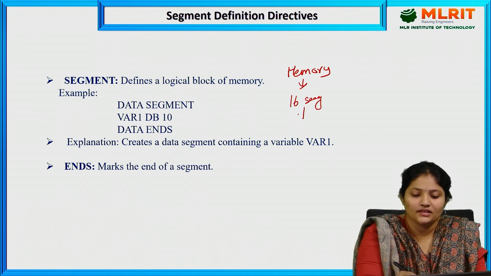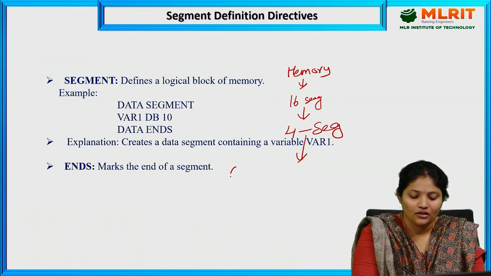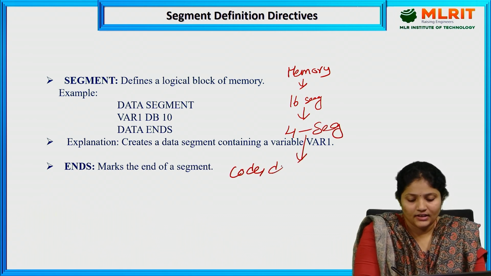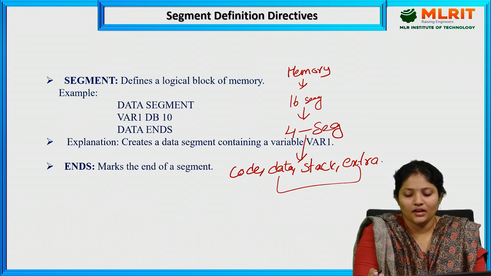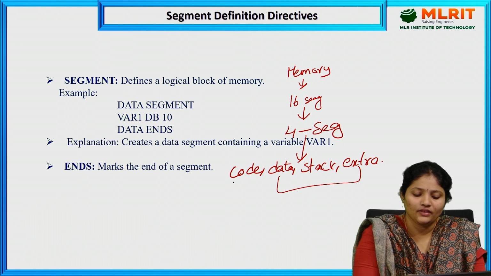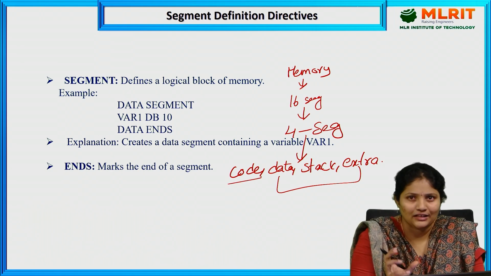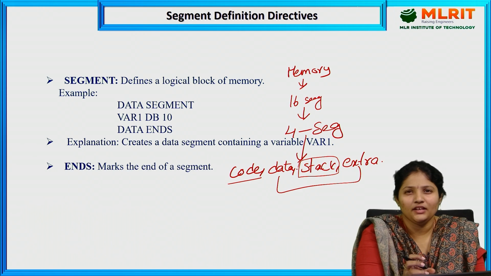Out of these 16 segments, at a time we use only 4 segments: code segment, data segment, stack segment, and extra segment. The data and extra segments are used to define the data, the code segment is used to write the code, and the stack segment is used to hold intermediate values or status flag registers.